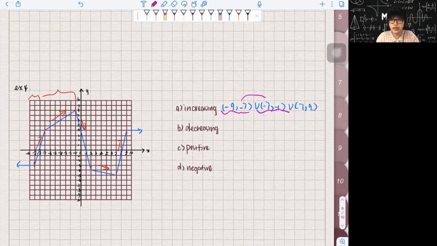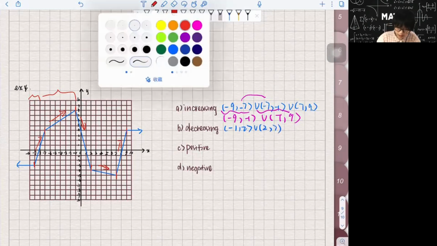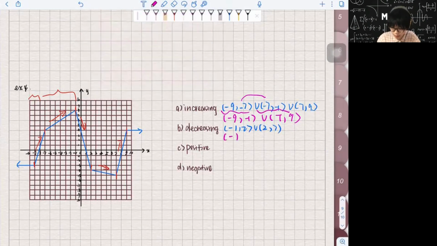So the final answer will be from -9 to -1, and from 7 to 9. The decreasing parts are from -1 to 2, and from 2 to 7. We can also combine these two sets, so it's going to be from -1 to 7. And this is the only decreasing part in this graph.